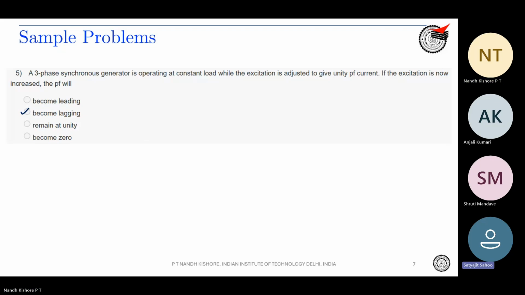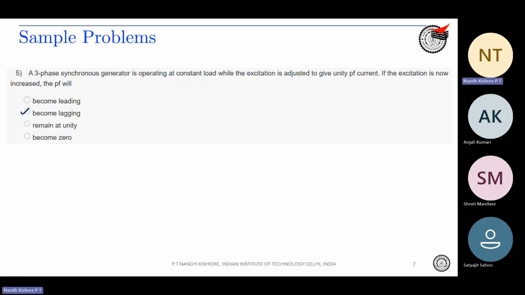And if reactive power comes in, as it is a synchronous generator, then the inductive load will come into the picture and it becomes lagging. If we decrease the excitation, then it will become leading as it absorbs reactive power from the grid. Correct. Thank you, sir.